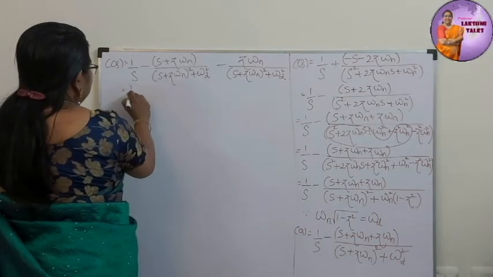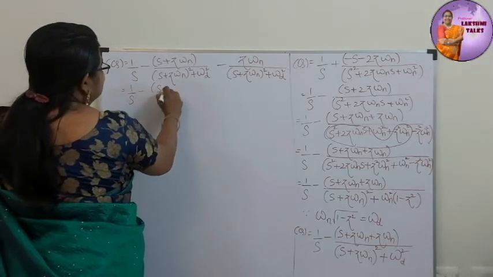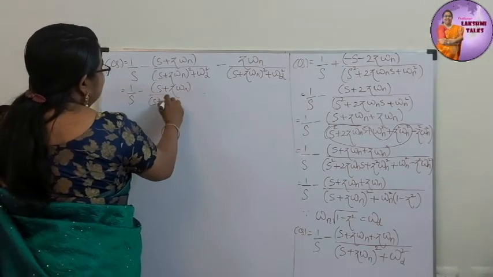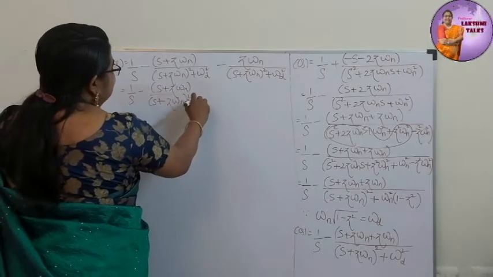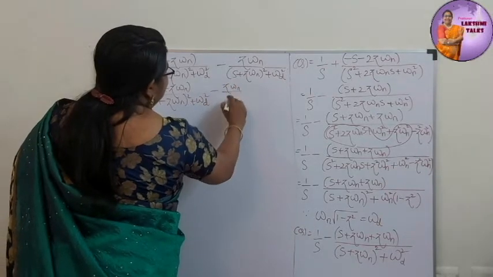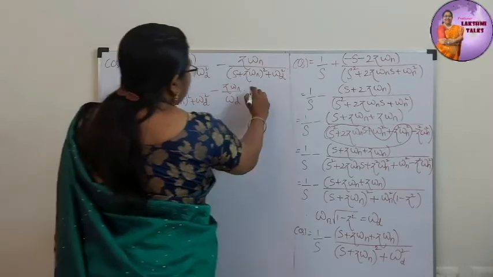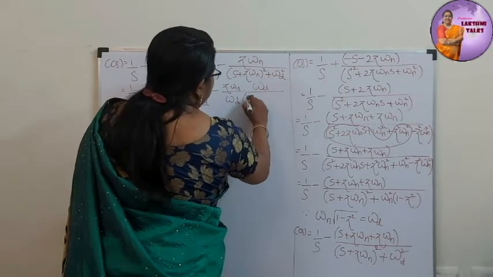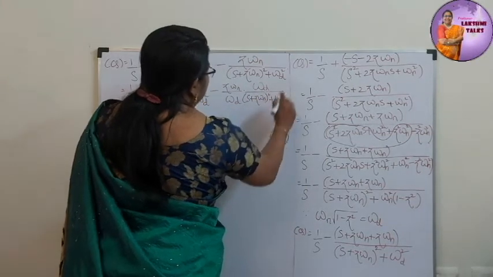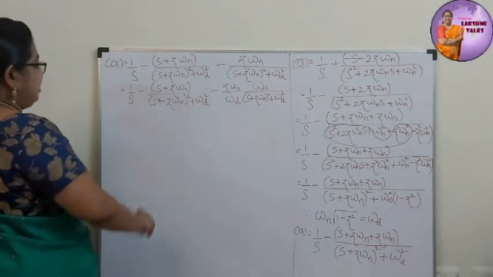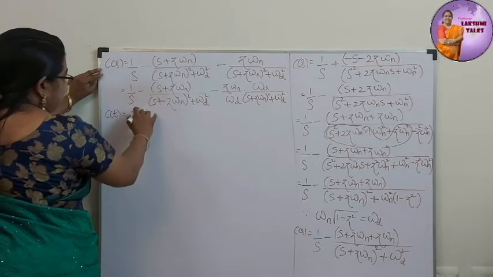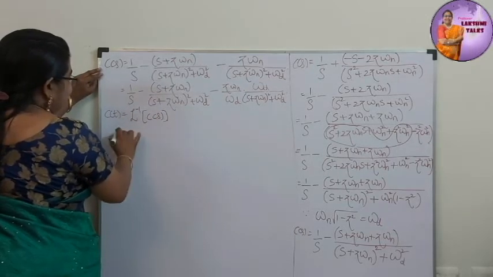So we can rewrite this as 1 by S minus (S plus zeta omega n) divided by ((S plus zeta omega n) the whole square plus omega d square) minus zeta omega n divided by omega d into omega d divided by ((S plus zeta omega n) the whole square plus omega d square). Right? Now we take c of t equal to Laplace inverse of C of S. So what will happen?